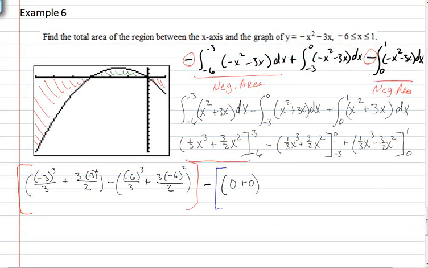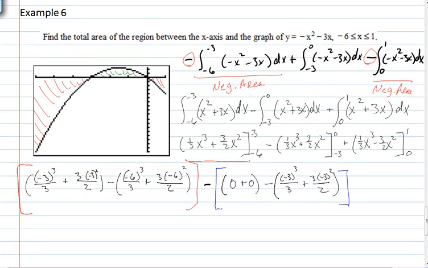Because I already know that's what it's going to be. Minus your lower bound, which is negative 3 cubed over 3 plus 3 times negative 3 squared over 2. So far, so good?